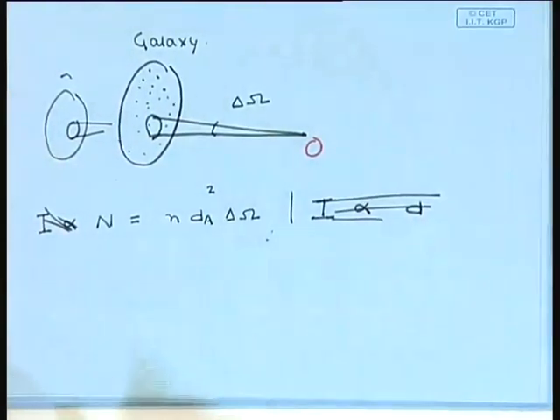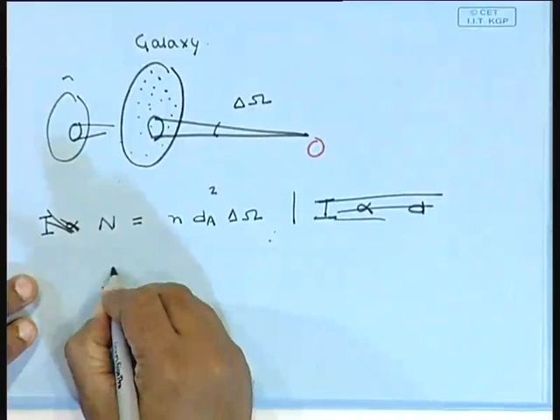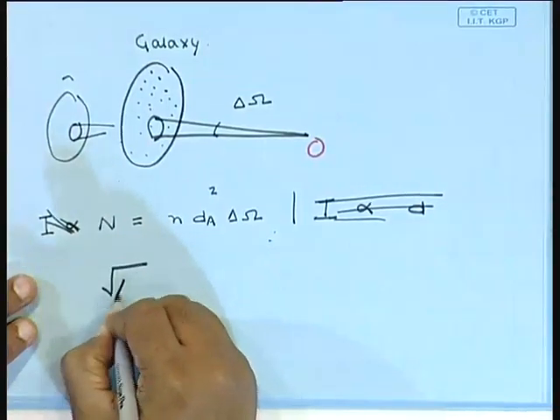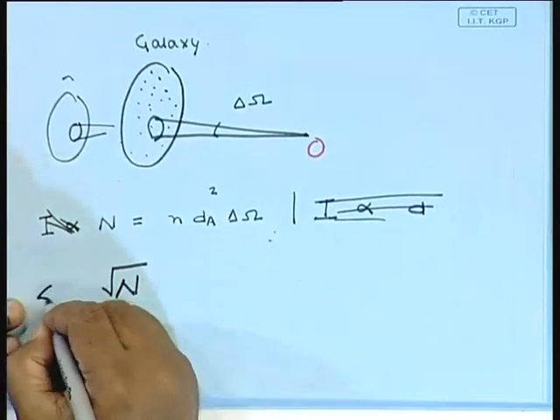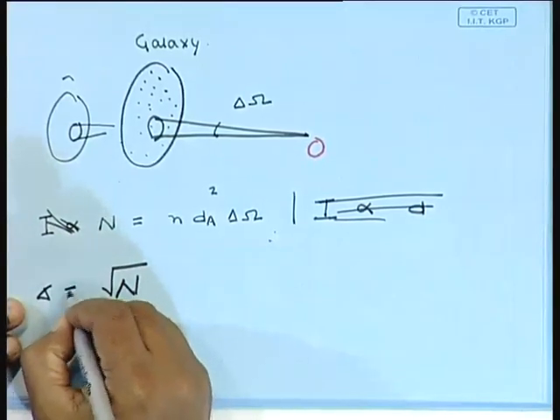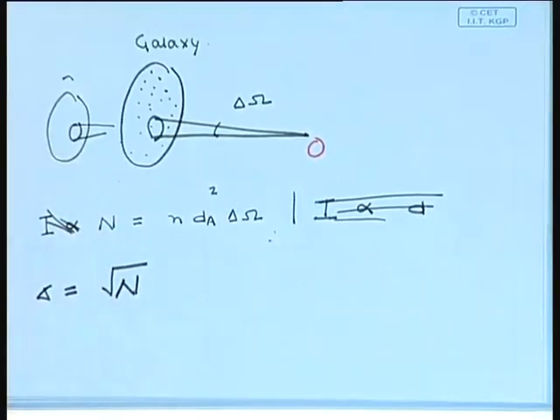You might have encountered it in nuclear physics experiments when you count the number of gamma particles or beta particles that come out in a time interval. Okay. So the Poisson fluctuations are actually equal to the square root of n.